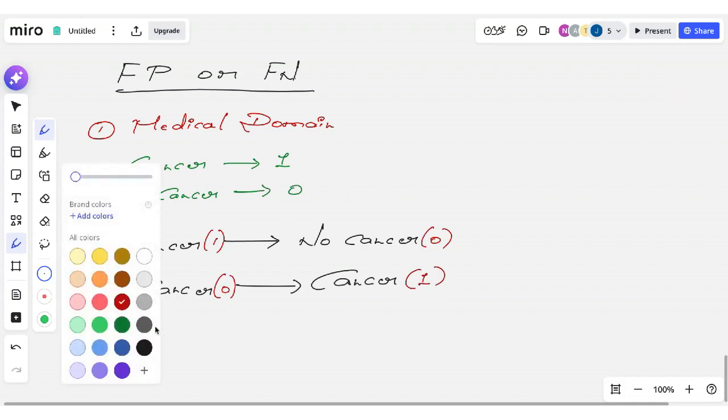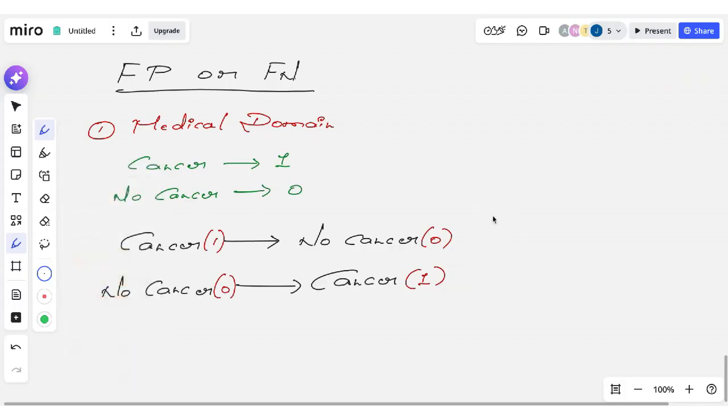Which is false positive and which is false negative? The first one is false negative, the second one is false positive. Now tell me which scenario is more dangerous.